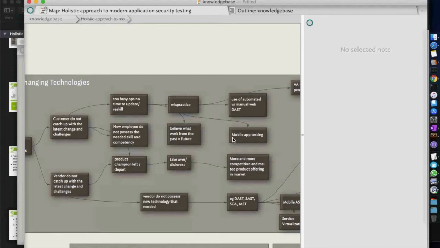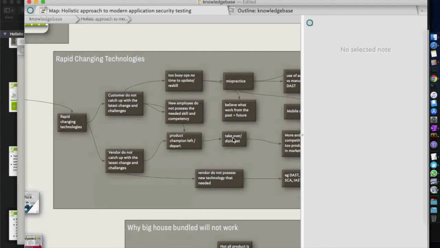For instance, mobile application testing. How can you really do it? Of course, if you know the subject matter, then we need to depend on whether the testing mechanism you use is based on being provided the source code, or is a binary build, right? Then the testing method is different, and usually we need a different tool to do so.